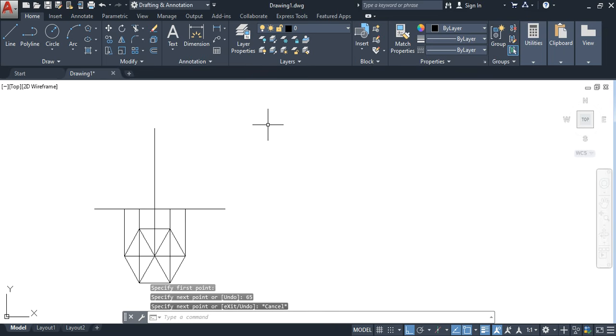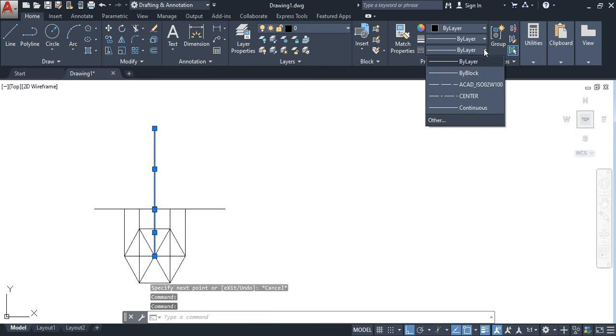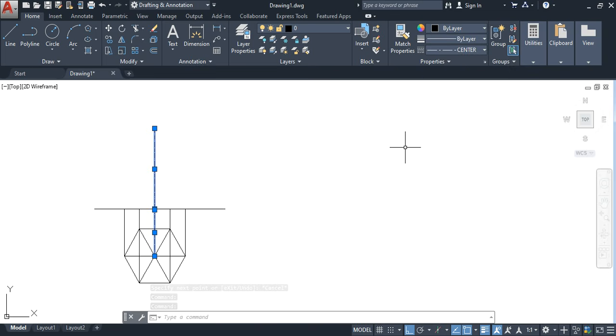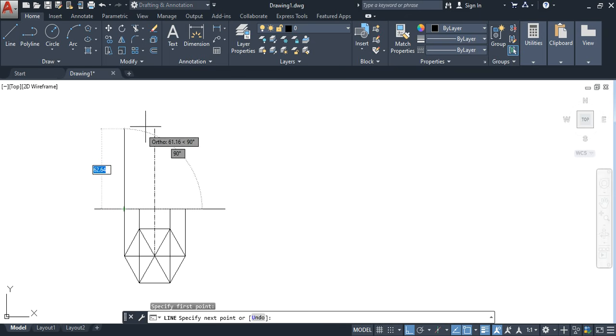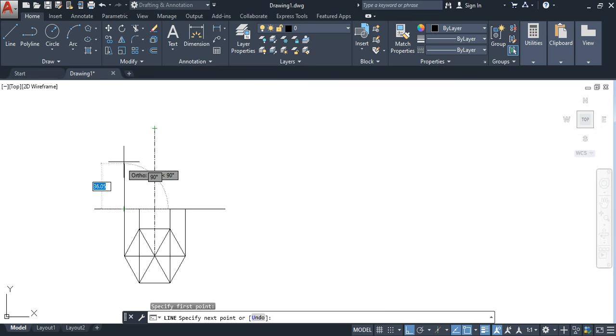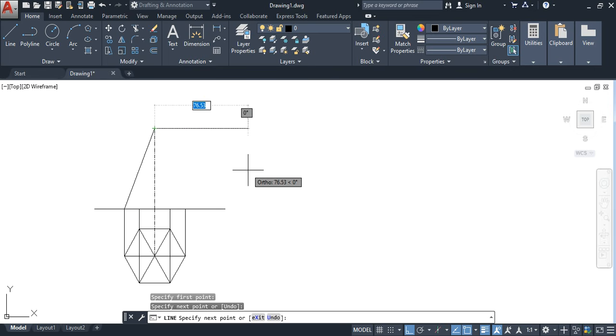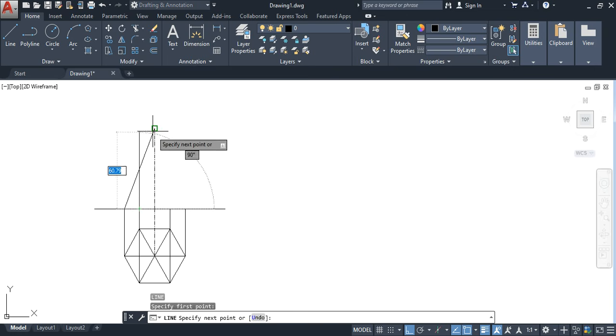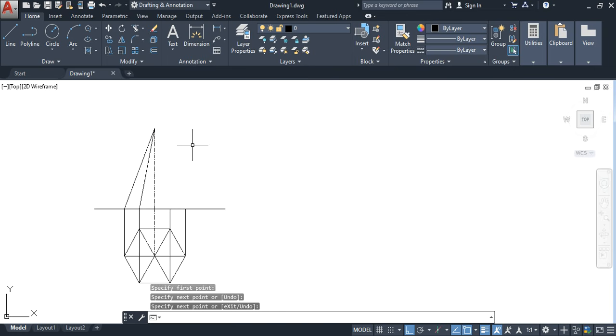This is not appearing as the axis, so let us make this the axis, and here we'll choose the center. We know we have to join from these end points to this apex point, and in the same manner we have to join from every point.